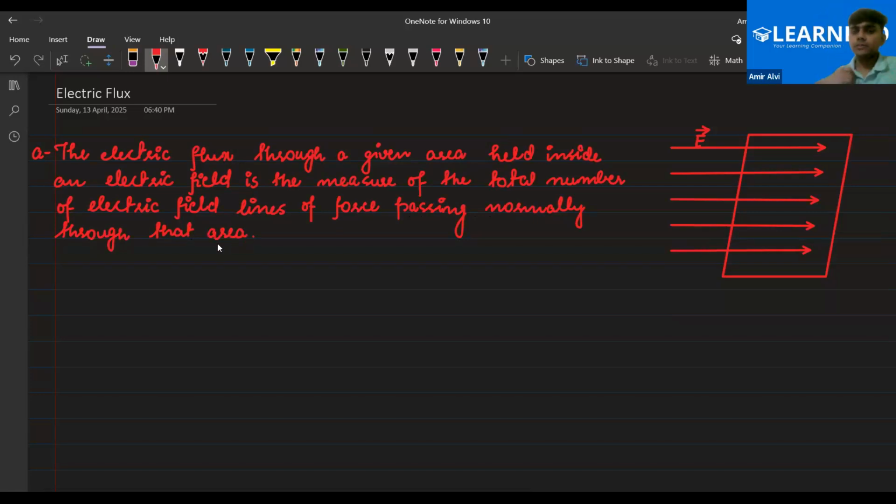Is that clear? Yes, sir. So that's what electric flux is.